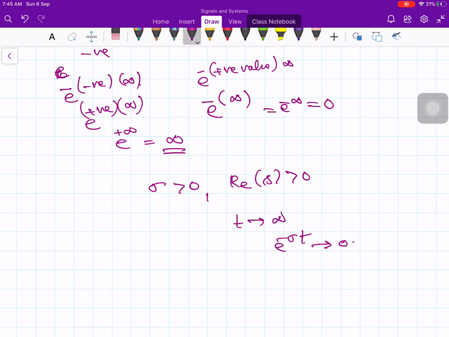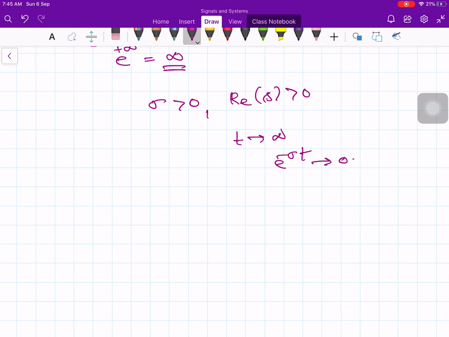After all, e to the minus sigma plus j omega t, so we can write e to the minus sigma t times e to the minus j omega t. So therefore the magnitude of this guy is always 1. It doesn't matter whatever value you substitute for t.